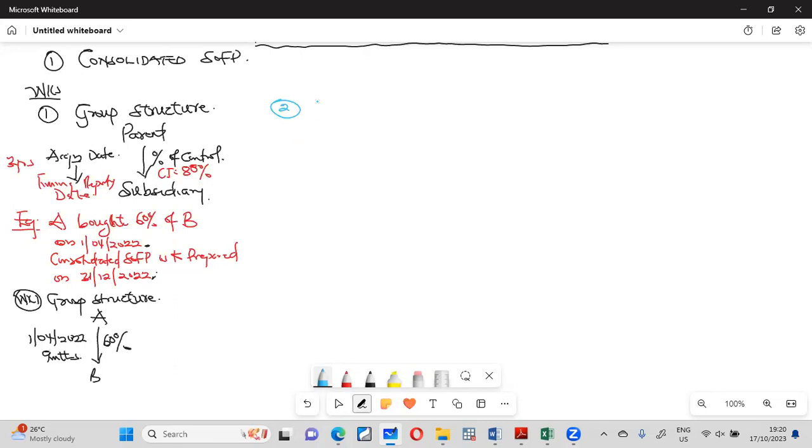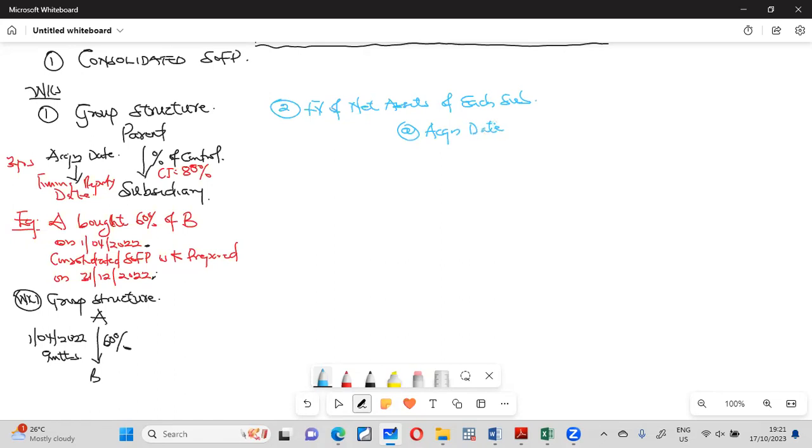So here will be fair value of net assets of each subsidiary at acquisition date.